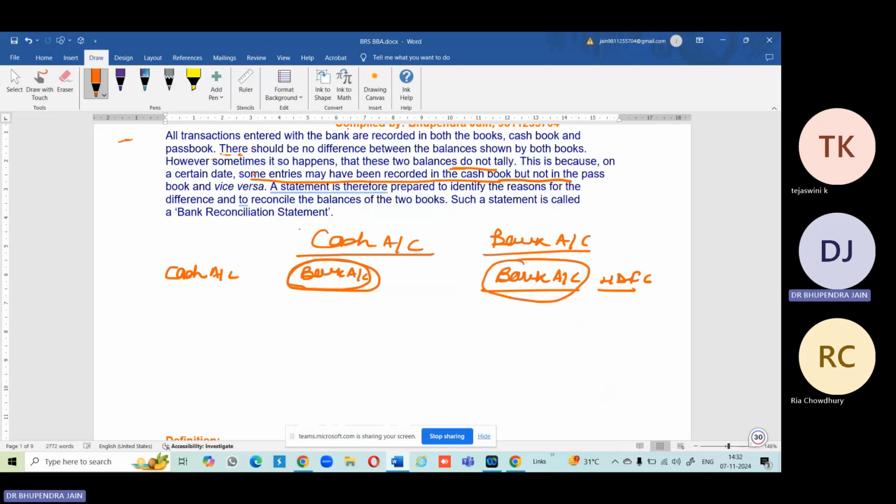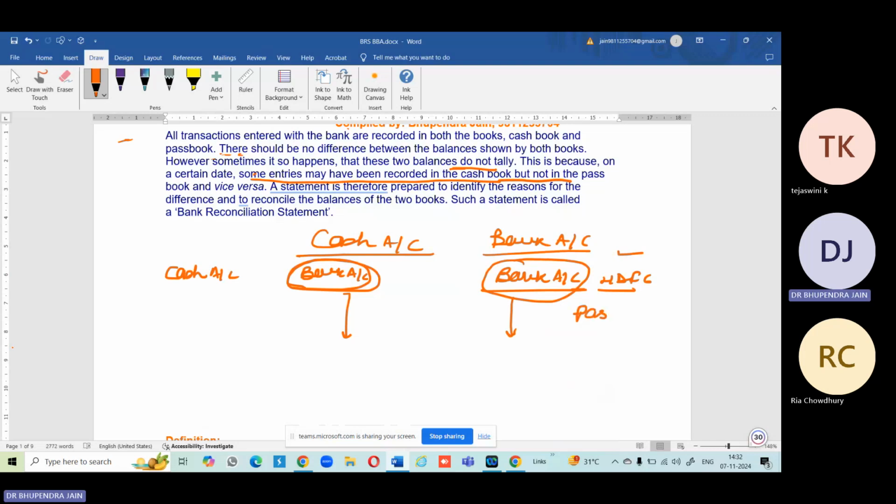And this is the bank account prepared by the HDFC Bank or any of the banks in which you have the bank account. So there are many types of reasons to mismatch the balance in your books as well as in the bank account maintained by the bank. Okay.